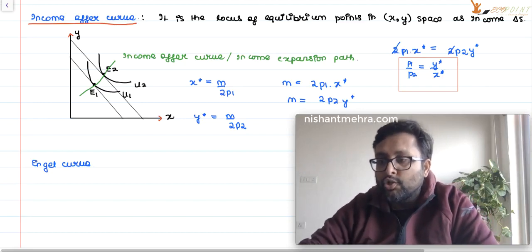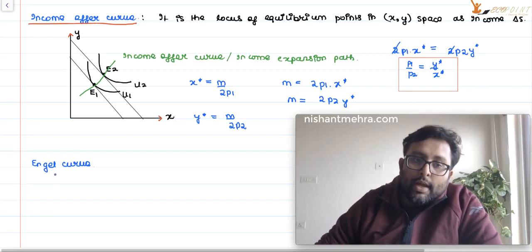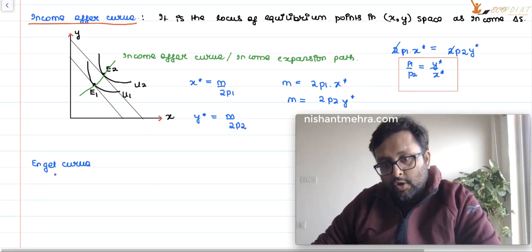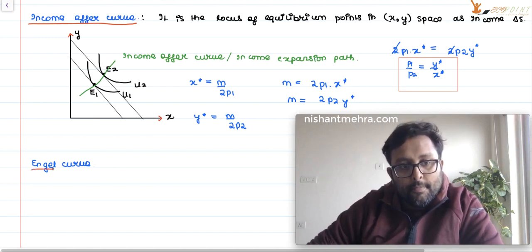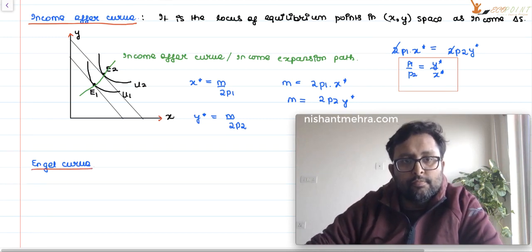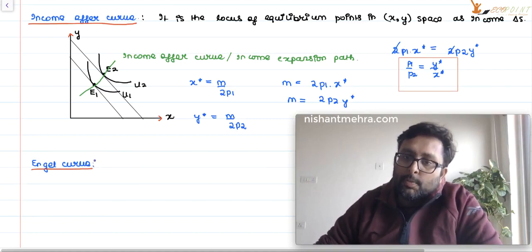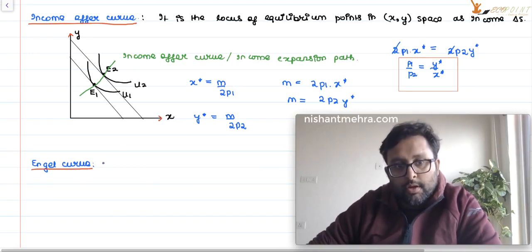That is what the Engel curve is, right? It is drawn for a given level of price. So it is showing you the relationship between the income and the quantity demanded for a given level of price, right?